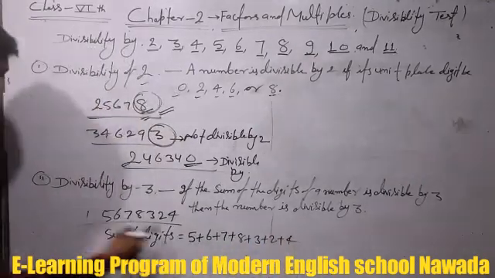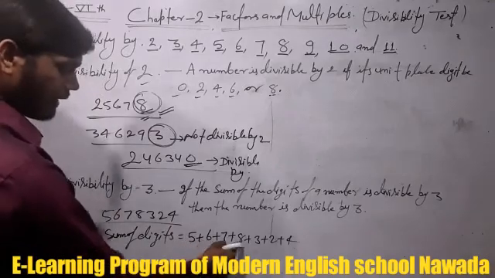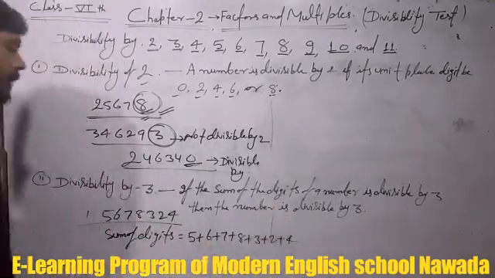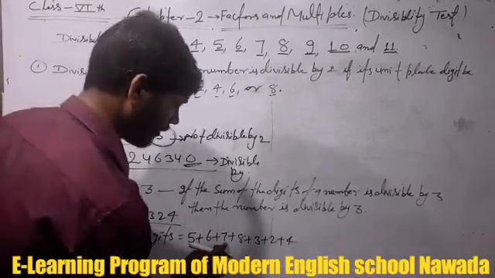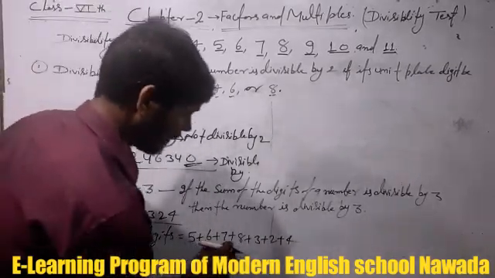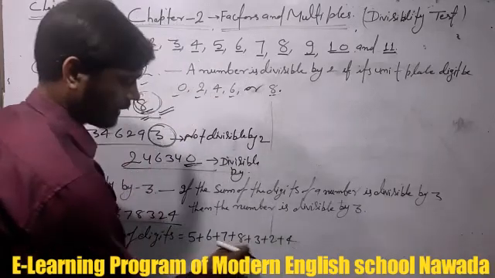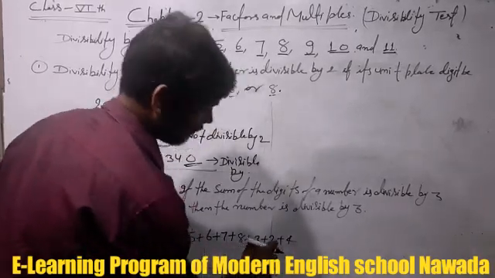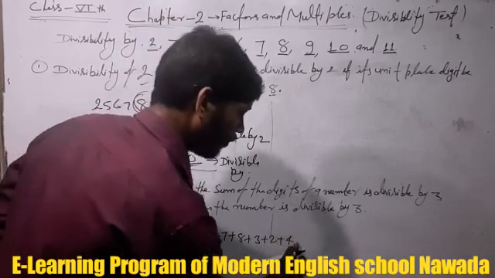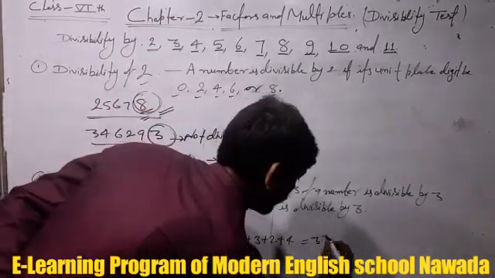Adding: 5 and 6 is 11, 11 and 7 is 18, 18 and 8 is 26, 26 and 3 is 29, 29 and 2 is 31, and 31 and 4 is 35.